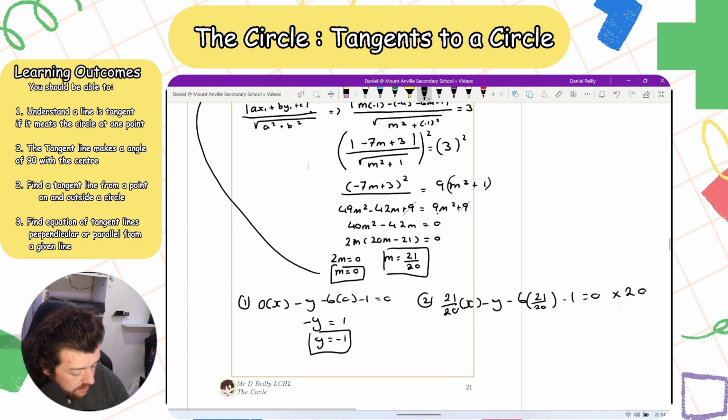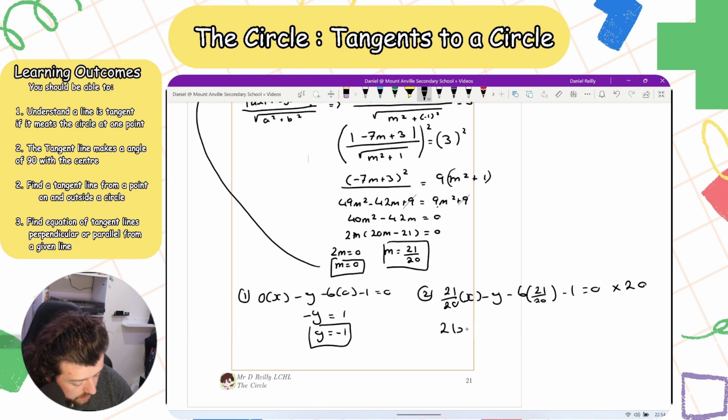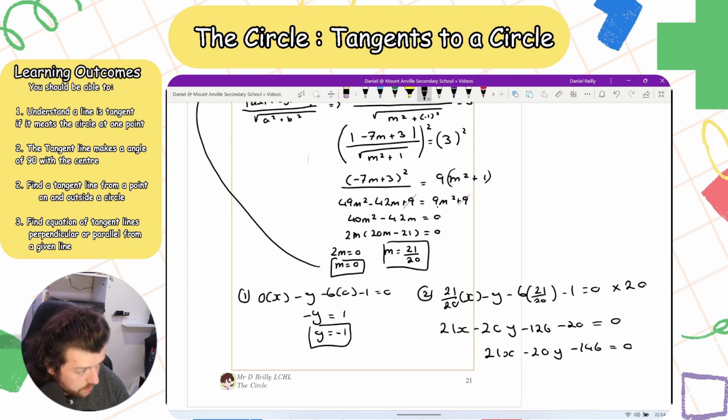Multiply by 20 to get rid of my fraction. So I have 21x minus 20y, 6 times 21, minus 126 minus 20 equals 0. 21x minus 20y minus 146 is equal to 0. And that should be my answer there.